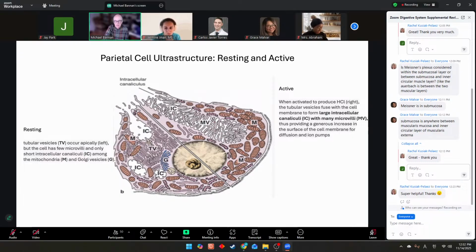Now, the parietal cell also synthesizes protein, so we do have the anticipated protein synthesizing machinery we often have, such as rough endoplasmic reticulum and Golgi apparatus. But the thing that's distinctive about the parietal cell is this ability to produce large quantities of acid through the intracellular canaliculus with its microvilli and numerous mitochondria.